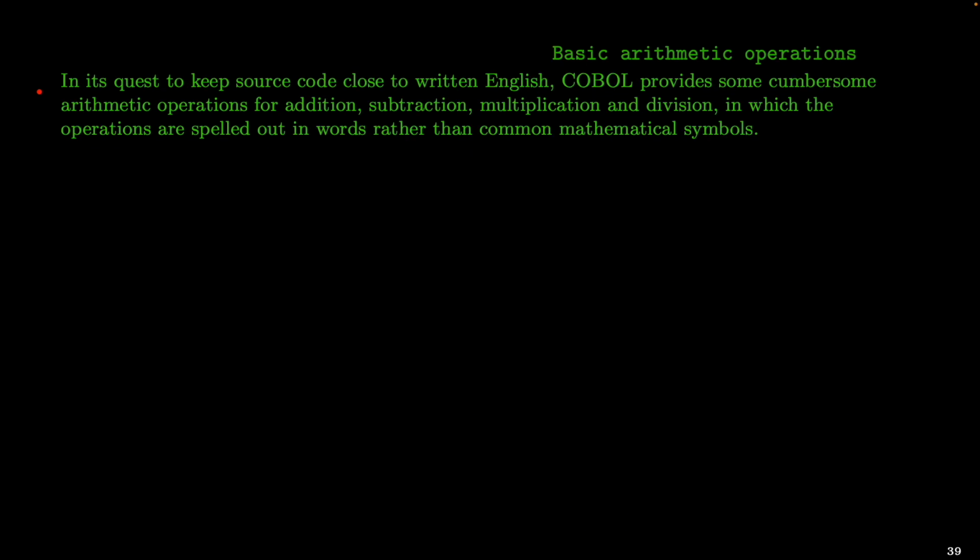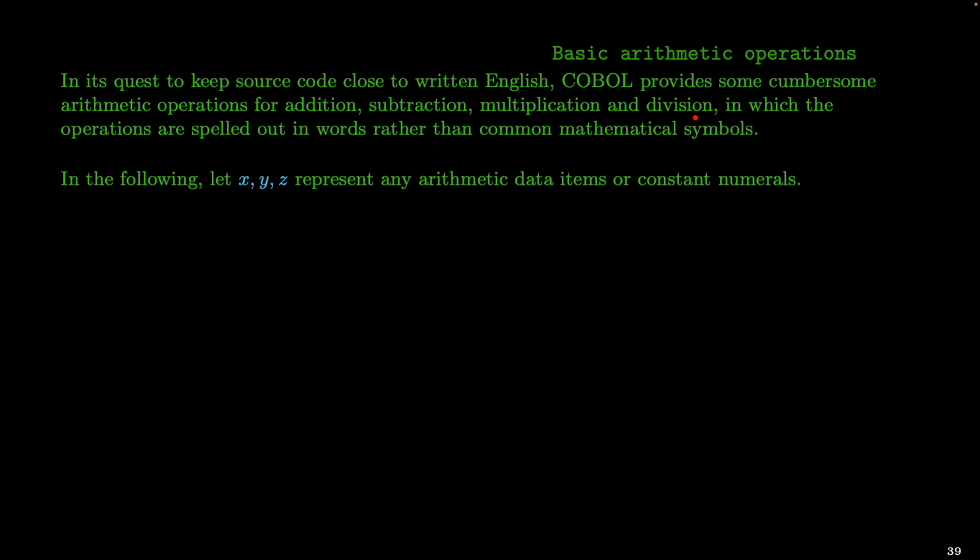As always, COBOL tries to stay as close to written English as possible, and it even does that in its arithmetic operations, which can make them quite cumbersome if you use addition, subtraction, multiplication, and division, because these operations are actually supposed to be spelled out in words rather than using the common mathematical symbols.